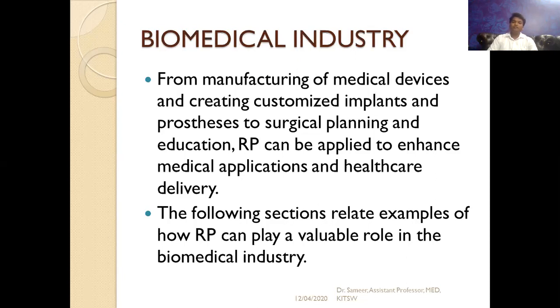We need to take CT scans and MRI scans. Based upon that, the data has to be transferred into the 3D CAD system. Then from the 3D CAD system, it has to be supplied into the additive manufacturing machine. Then the parts are manufactured. This process of creating implants specifically for each person, we call creating customized implants.